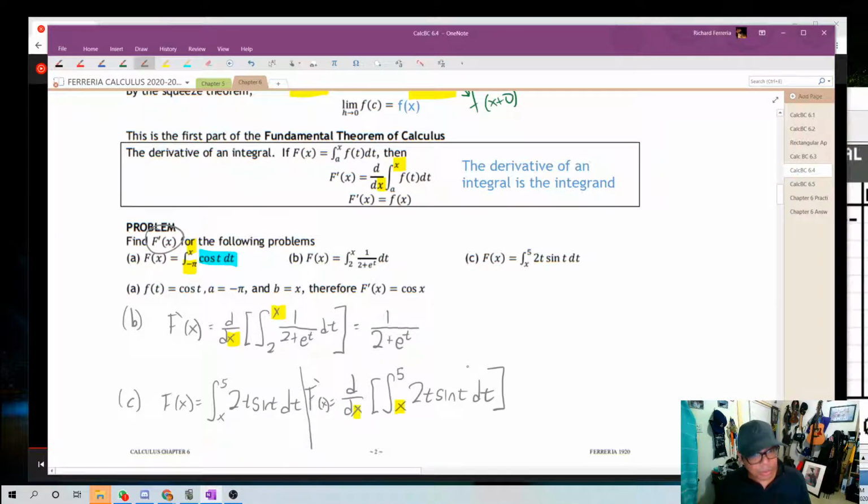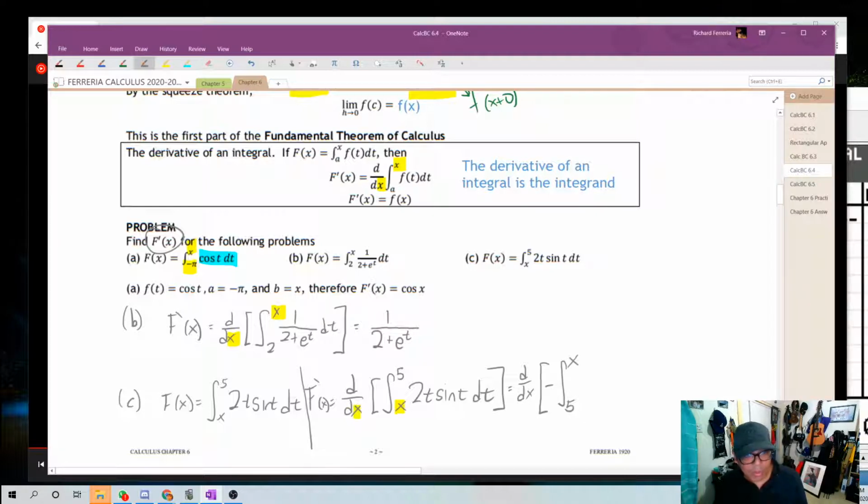Well, what you need to do is use some of the properties of integration, something you can do to get x into the upper limit. And the way to do that is just to reverse the limits at the cost of the negative sign.